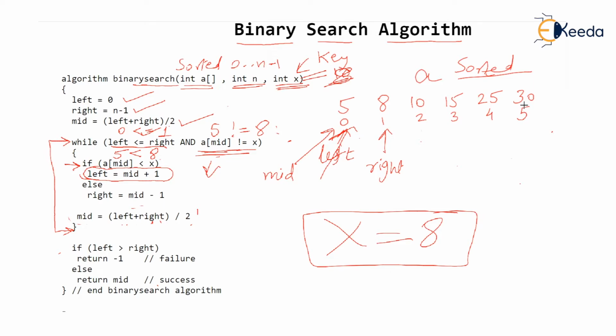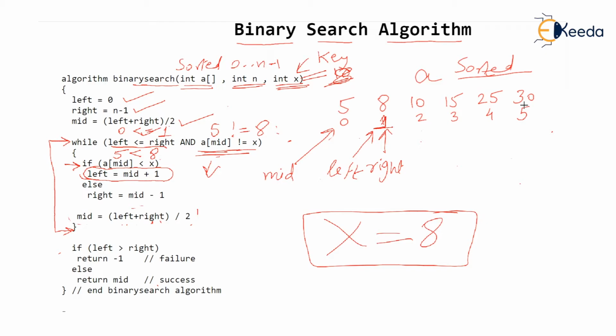Left is becoming equal to mid plus 1, which means left will now become equal to 1. I hope you are carrying this properly. Left becomes mid plus 1, isn't it? And indeed, you will agree that now we are searching the value 8 from position 1 to position 1 because left and right both are 1.